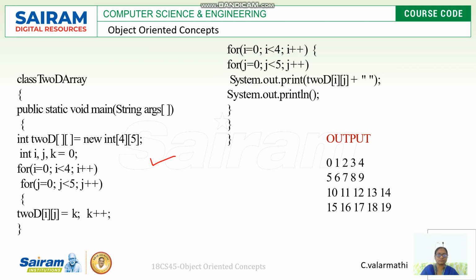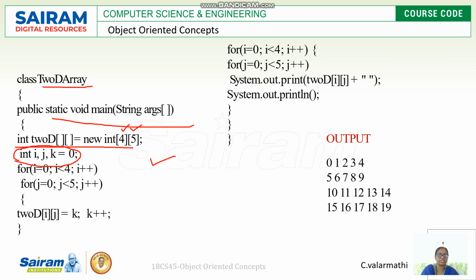First, 2D array is my class name, and it has the void main. Here int 2D of int 4, 5 gives the size of my rows and columns, and I am defining some temporary variables for my looping purpose, as i, j, k equal to 0.